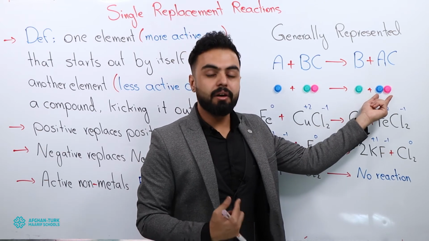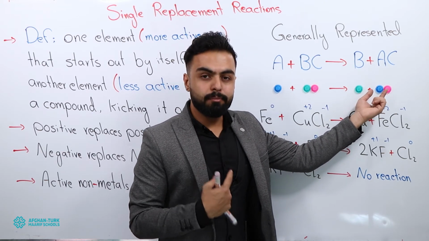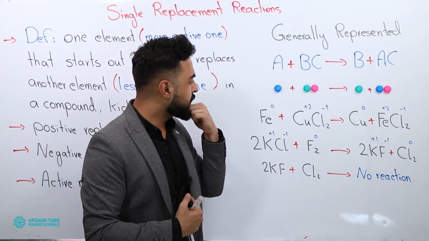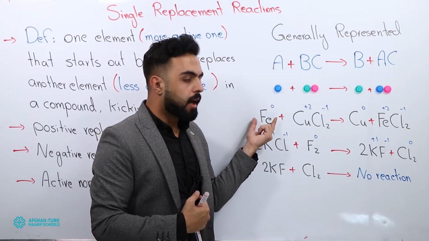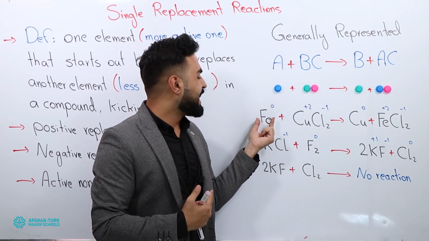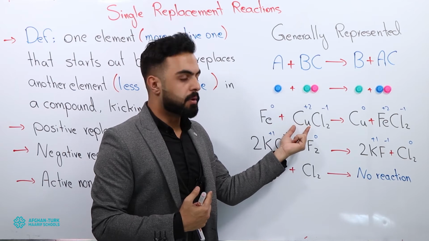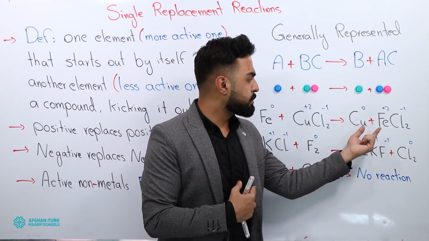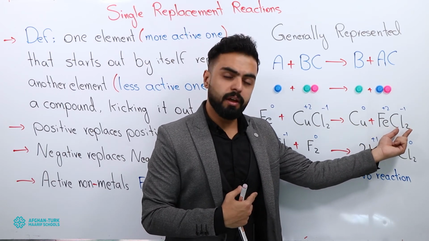Now here we have a compound of blue and pink. So, in real examples, iron, which is 0 at first, replaces the copper, and here we have copper out of the compound and iron reacts with chlorine.